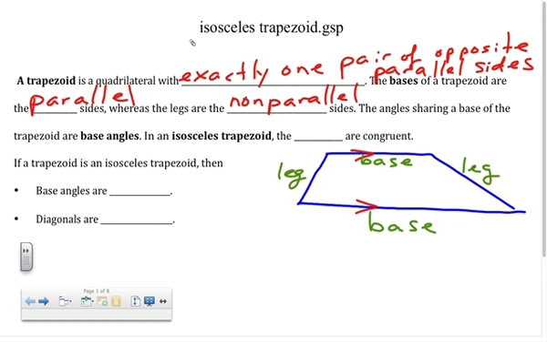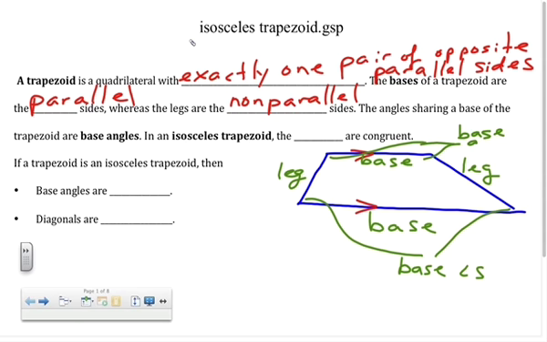The angles sharing a base of the trapezoid are base angles. So we refer to these as a pair of base angles. And notice that the trapezoid will therefore have 2 pairs of base angles. These 2 down here and these 2 are also a pair of base angles.